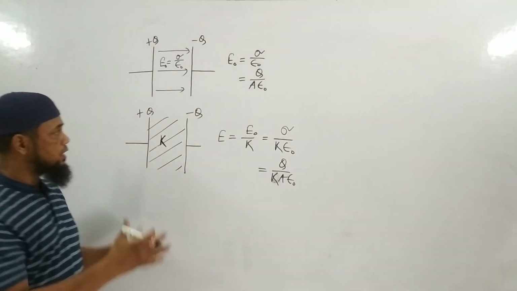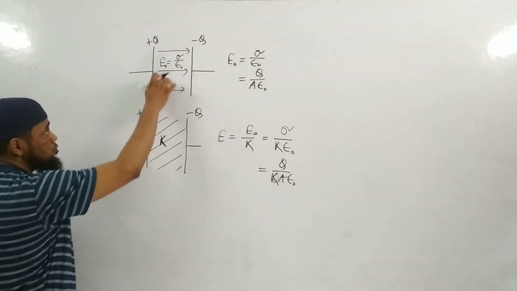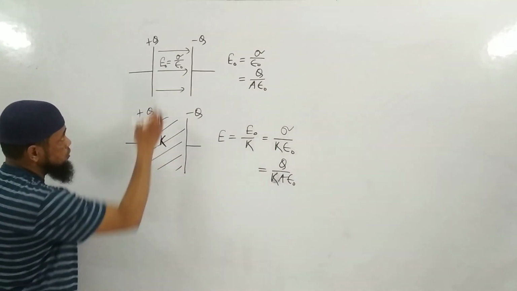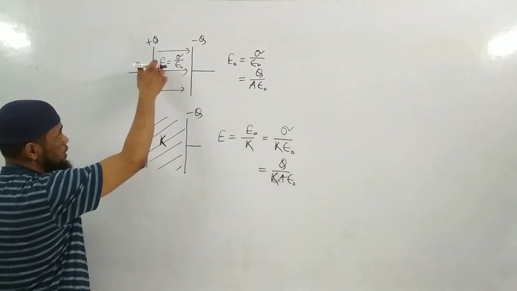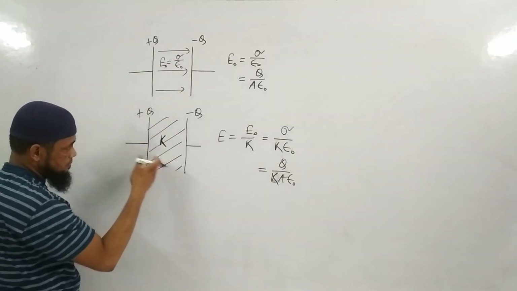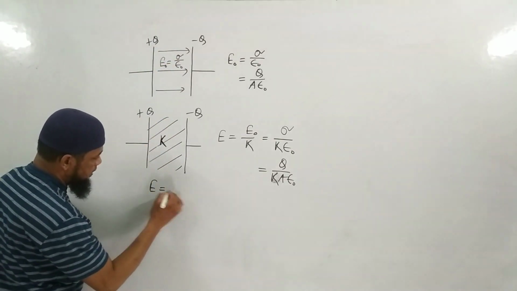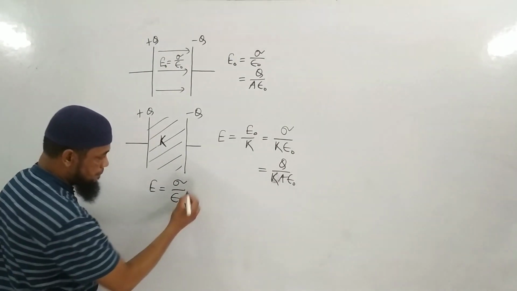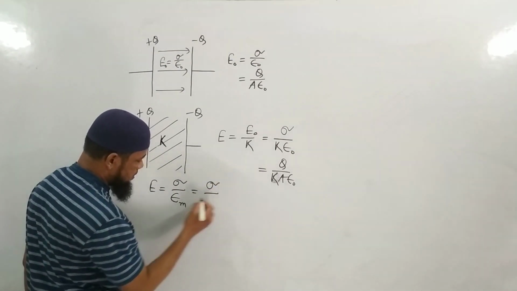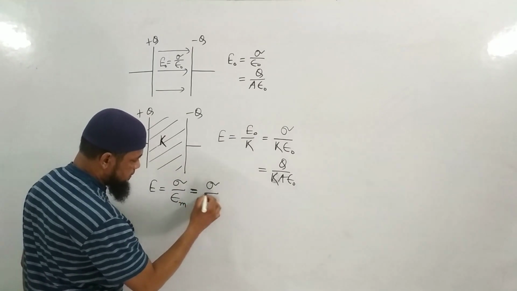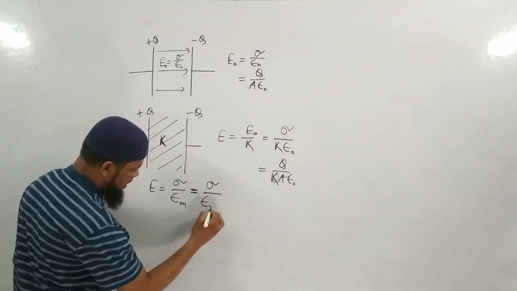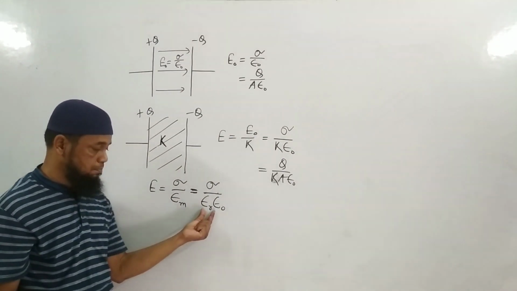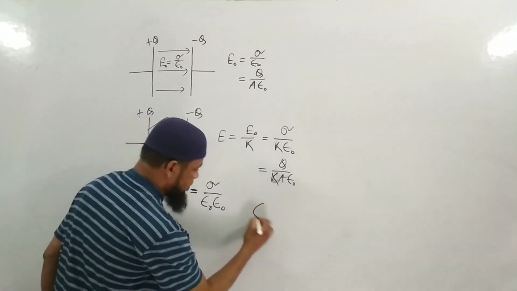Or we can think of it like this also. In vacuum, E naught is equal to sigma by epsilon naught. If there is a medium, the electric field will become sigma by epsilon medium, and epsilon medium is nothing but epsilon R into epsilon naught. This is the relative permittivity.